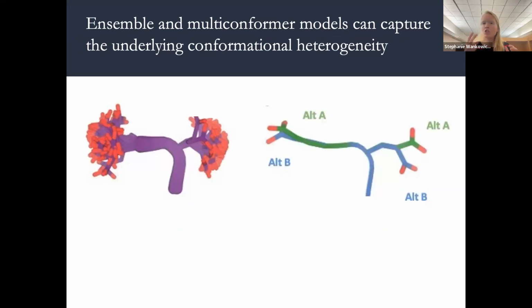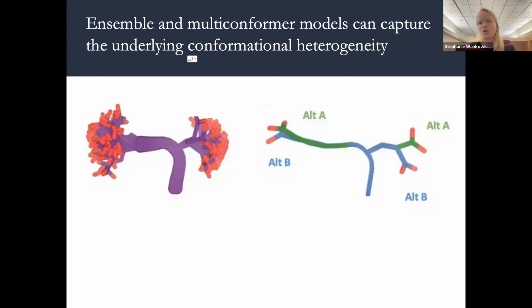And so there are two main ways that people have gone about doing this. There are ensemble structures, which is represented on the left, this purple, and then we have what are called multiconformer models. These are just trade-offs and differences of different ways to encode the conformational heterogeneity.